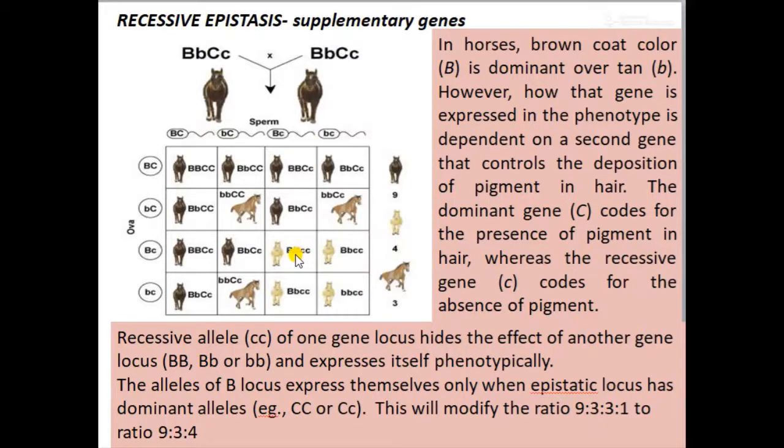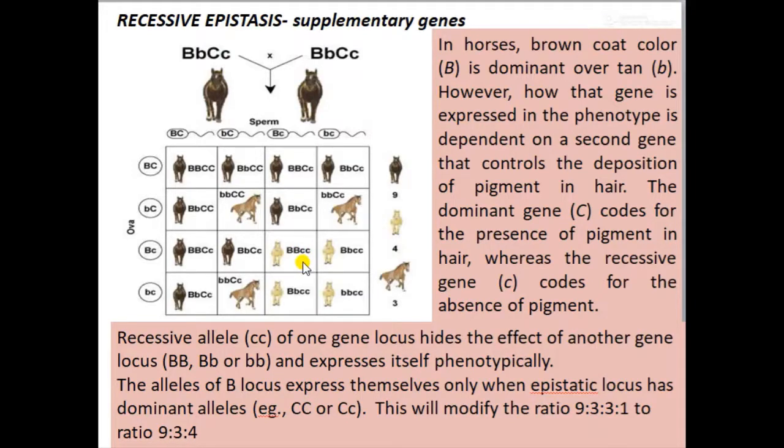So, we need to say that the expression of the capital letter B, though it is dominant, is being controlled by the expression of another, a recessive gene called the small letter c. When the capital letter B is present, and along with that, if capital letter C is present, you get a dark brown. If you get a capital letter B with a small letter c, you do not get a dark brown color.